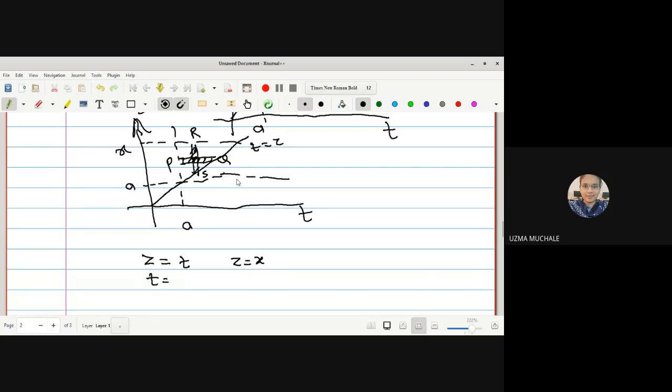Similarly, for T also we have to write down the limits by seeing this strip. This strip I am going to move like this. The whole strip RS has to move like this. So it will start from this line, T equal to A, and end at this one, T equal to Z. So it will end at T equal to Z, or we can say T equal to X also.